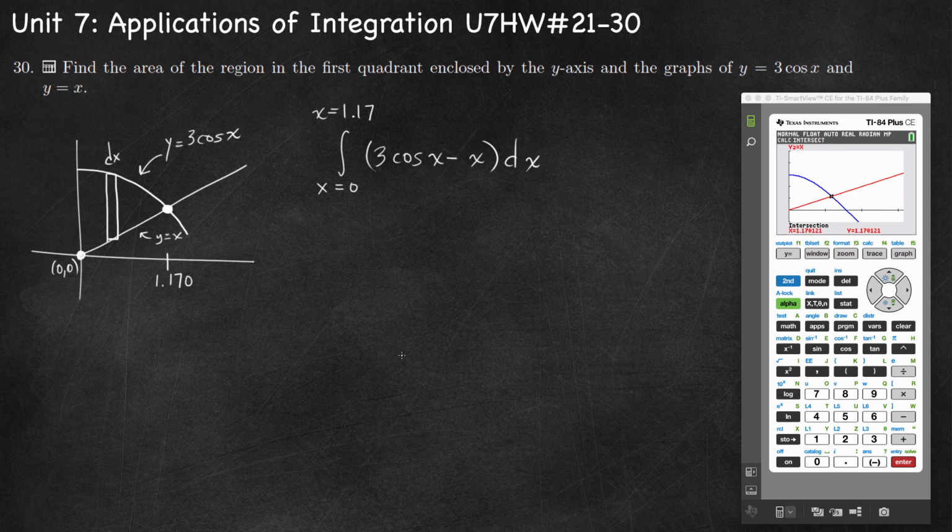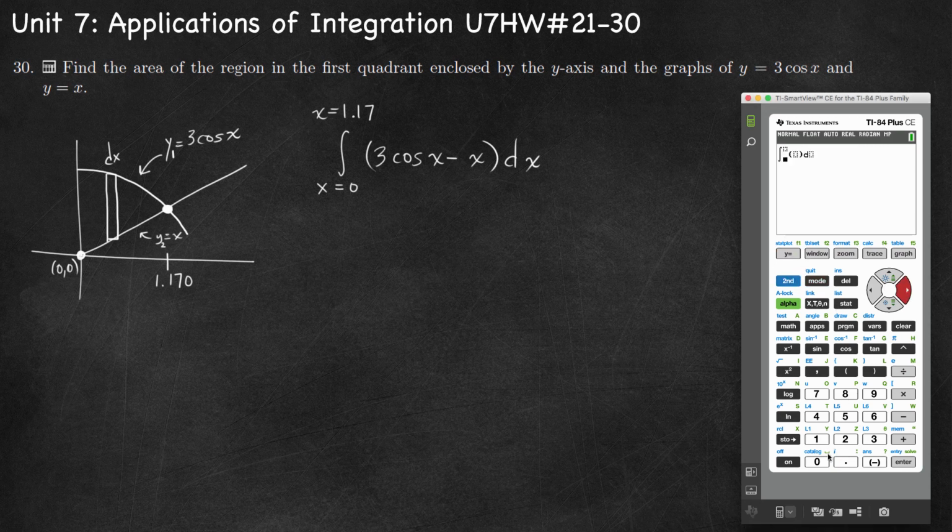And since this one is calculator active, we'll go ahead and integrate using Math 9. Math 9, I forgot which function I put. Let's take a peek. So this is my y1. We'll come back over here. y1 equals the 3 cosine x, and y2 equals the x.